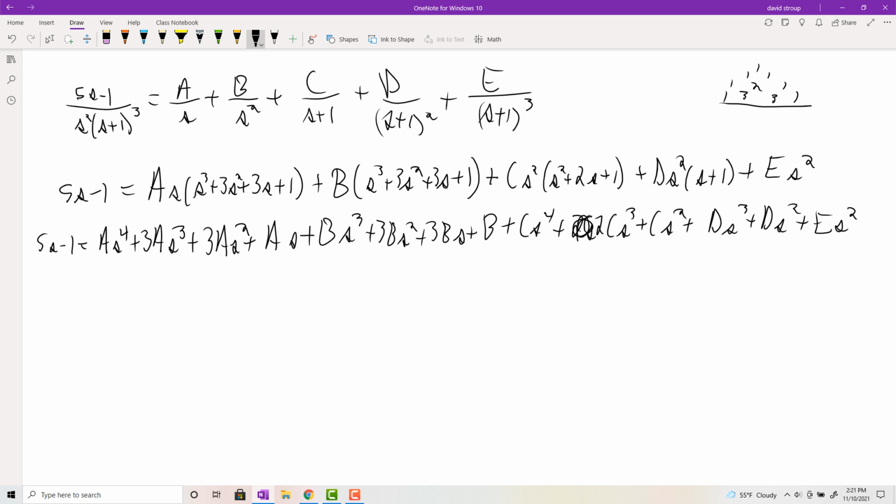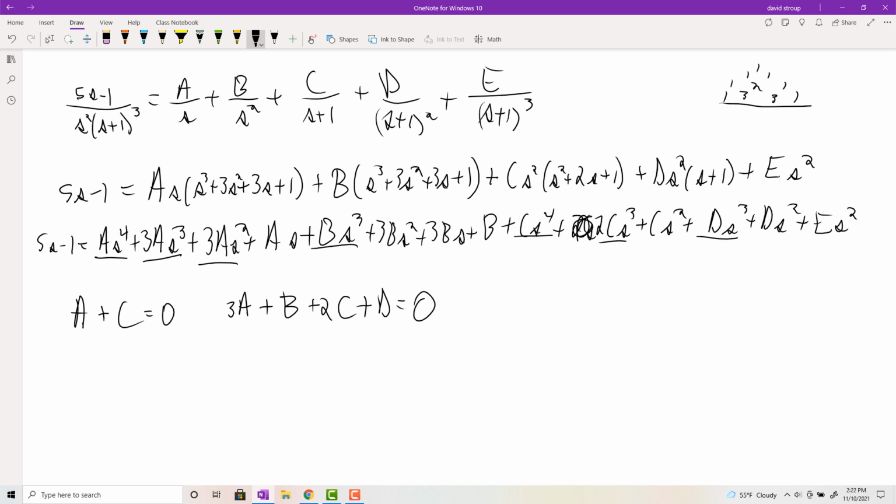I butchered that one. And then you start equating coefficients. So the fourth powers, I have an a, a c, and that's it. That must equal 0. Then the powers of 3, so I have 3a plus b plus 2c plus d equals 0.